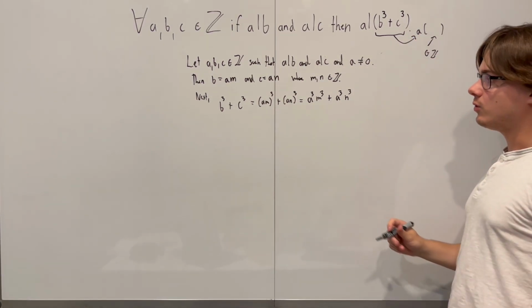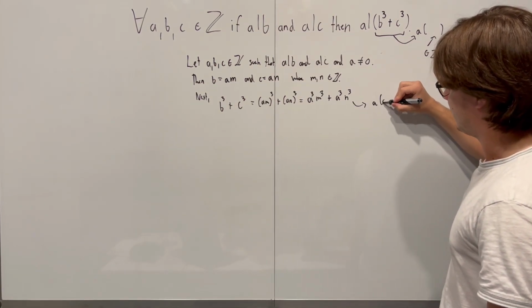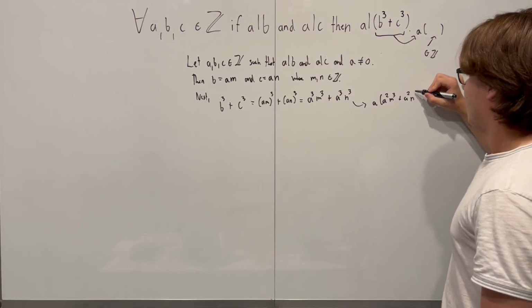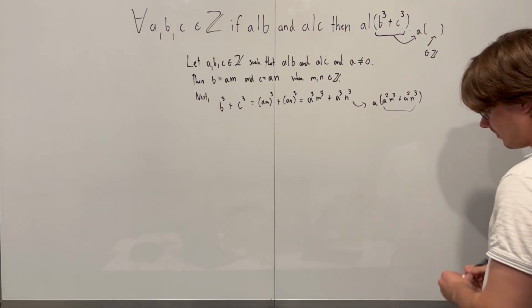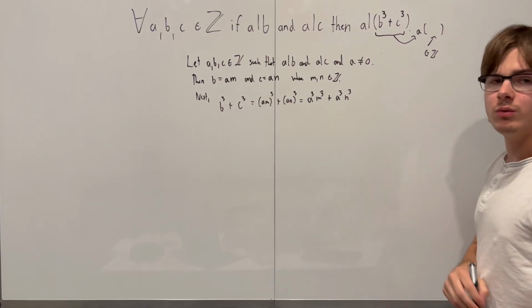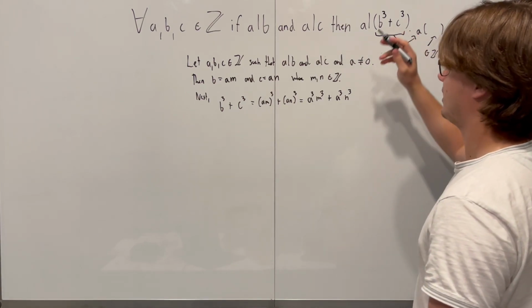Now from here, you can absolutely factor out an a. This is the same as saying a multiplied by (a²m³ plus a²n³). And you can argue that this is in fact an integer. I'm just going to be a little more explicit. Actually, no, I will do that, in fact. I've already done the other way I'm thinking of in the previous video with the squares.